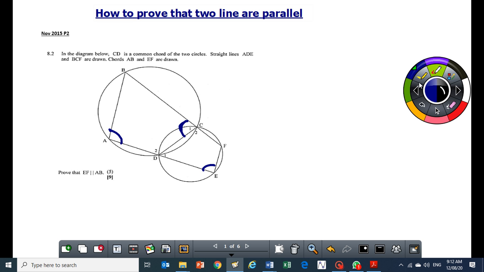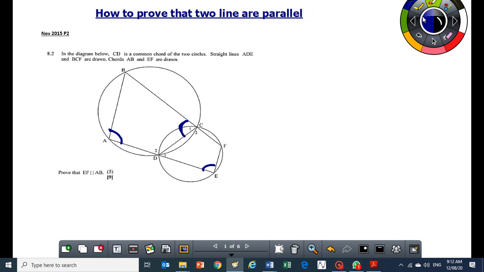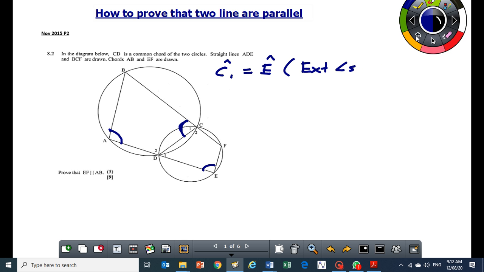So my first step is to say angle C1 is equal to angle E. And why? Because they are exterior angles. Exterior angle of the cyclic quad. Okay? Angle C1 is equal to angle E. That's theorem 6, exterior angle of cyclic quad.